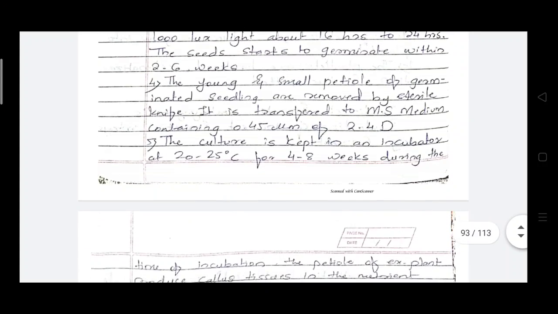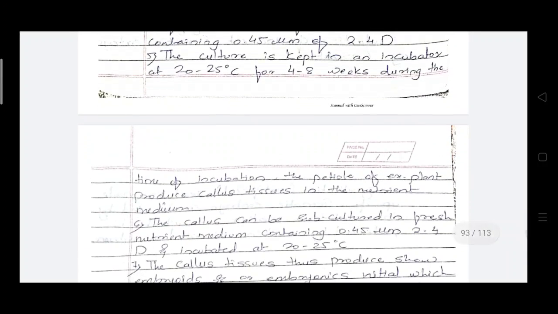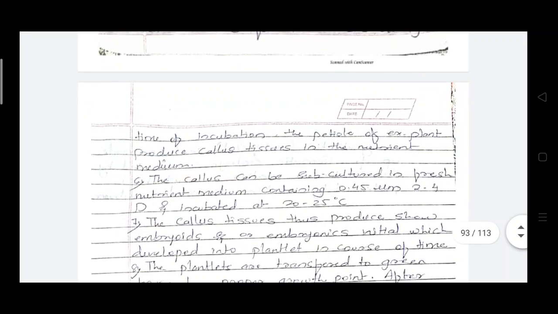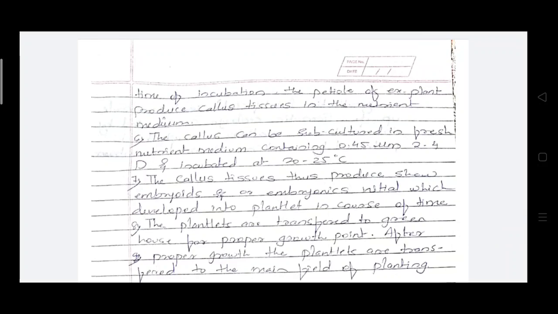During the time of incubation, the petiole explant produces callus tissue in the nutrient medium. This callus can be subcultured in fresh nutrient medium containing 0.45 mM 2,4-D and again incubated at 20 to 25 degrees centigrade.